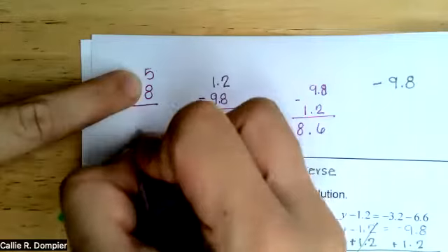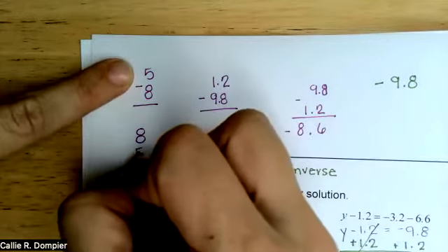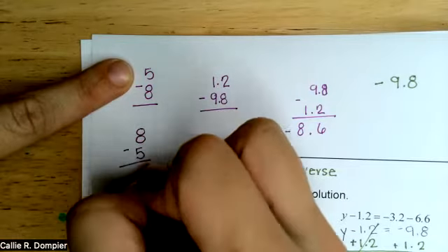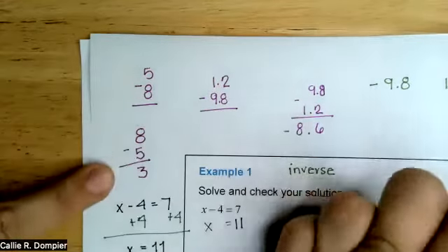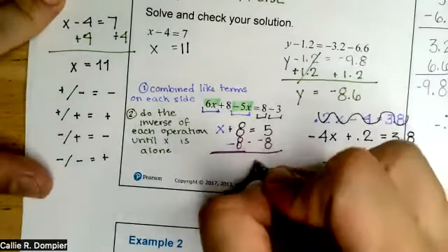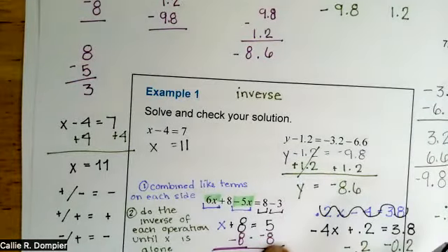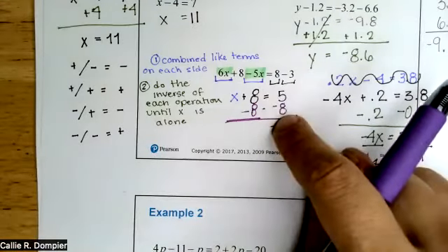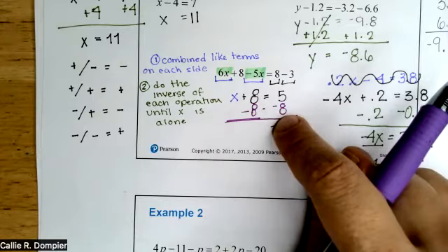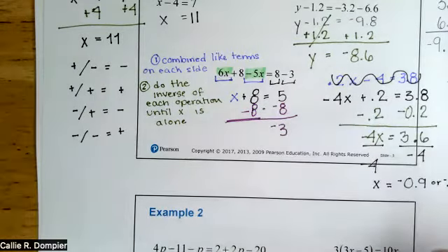The 8 is. So the 8 is first, the 5 is second. I'm still going to subtract them. I get 3, okay? Which is what I got here, but here I got a negative 3 because the 8 is the bigger number. So the sign of the answer is the sign of the bigger number.